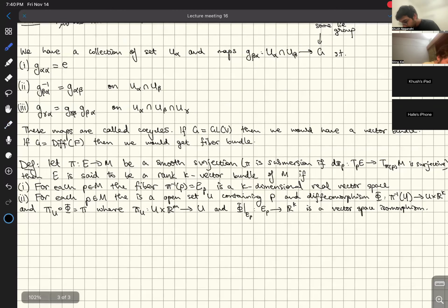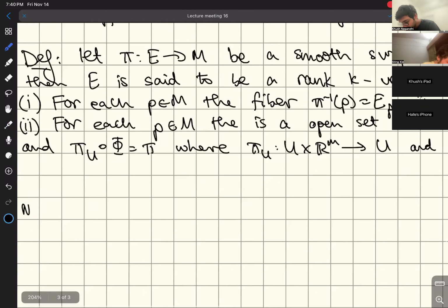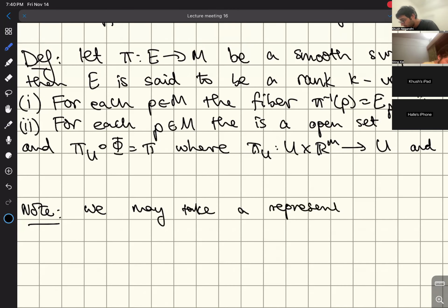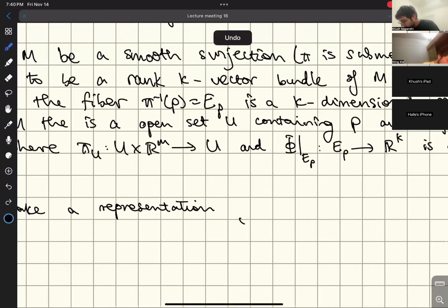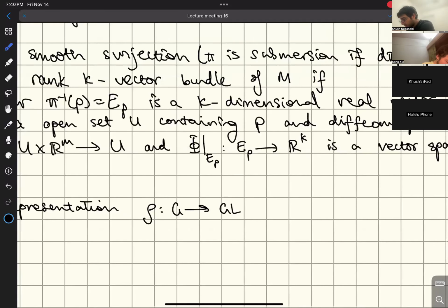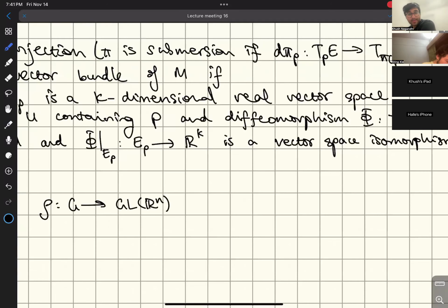So note we may take a representation rho of GL(R^n) to get the following. We have our atlas and whatnot.